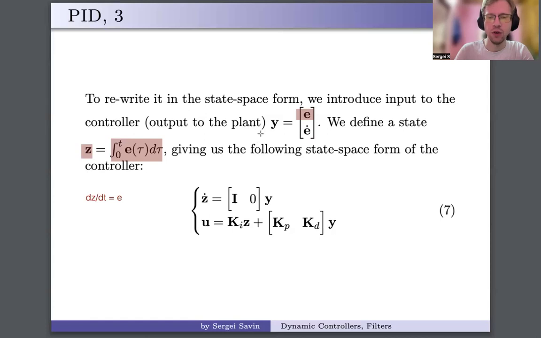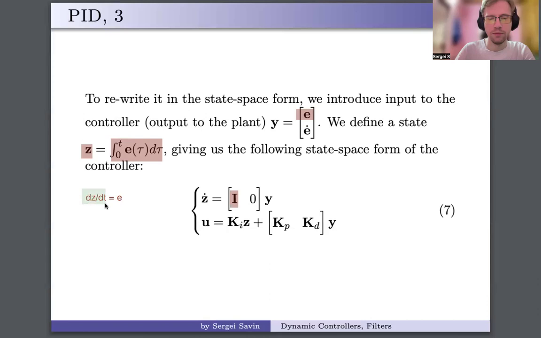It's input to our controller, it's output to the plant. So it's the first component of y. So we simply need to multiply y by this selector matrix, like I and 0, to get our E, which gives us our dz dt, right?